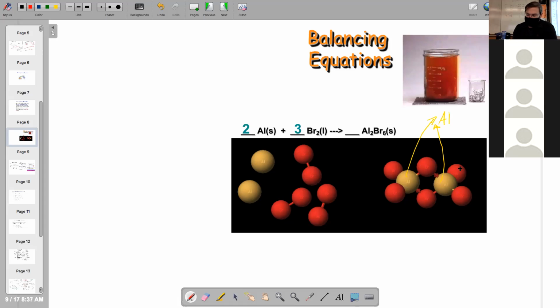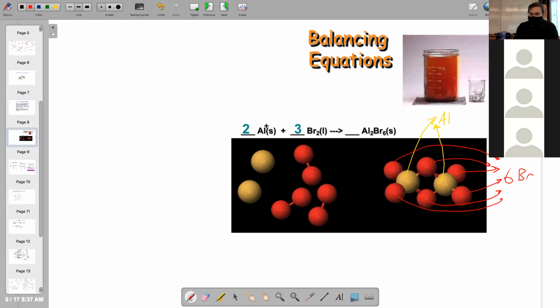So the compound itself is made out of 2 aluminums and 6 bromines. So there's 6 bromine atoms. And because the compound's made of two aluminum atoms and 6 bromine atoms, you've got to start out with that same number of atoms.